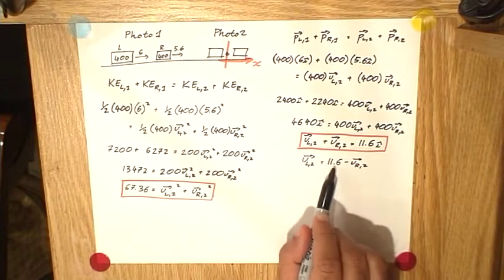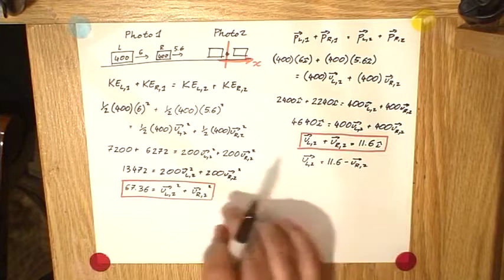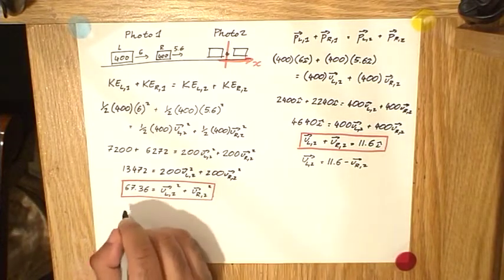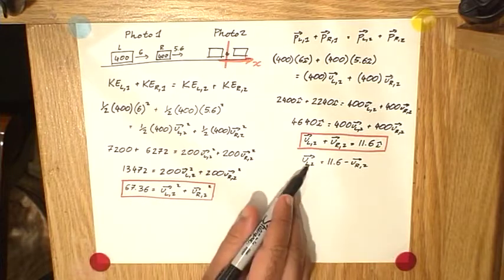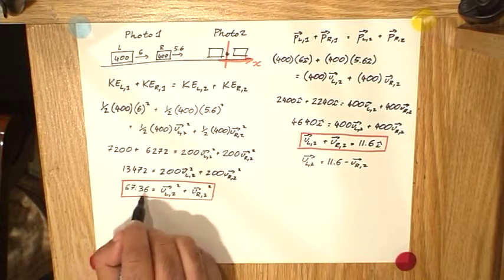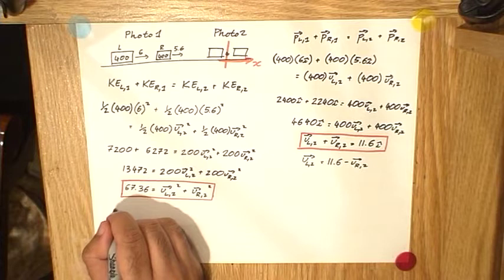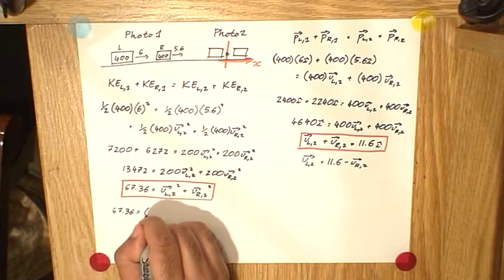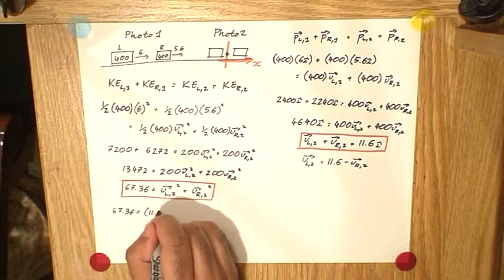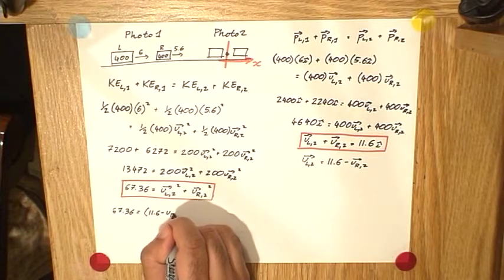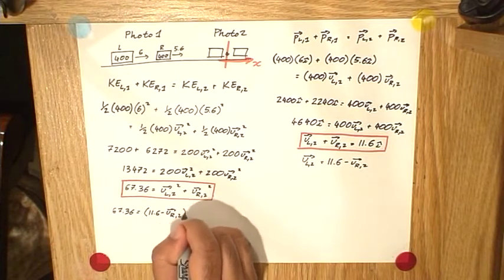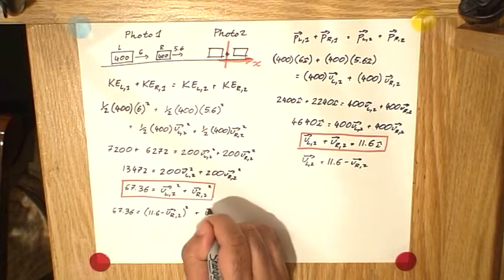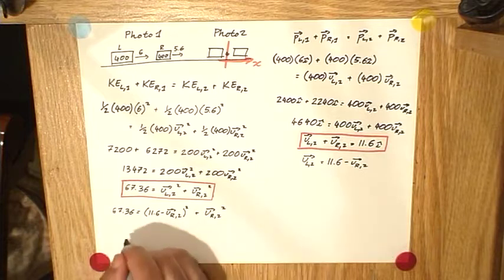The reason for that is that you can get away with not having it when you put it into the energy equation because, again, energy is a scalar. So, substituting this into this equation that we got from energy, we get 67.36 is equal to velocity of the left car is 11.6 minus VR2 whole squared plus velocity of the right car in photo 2 squared.